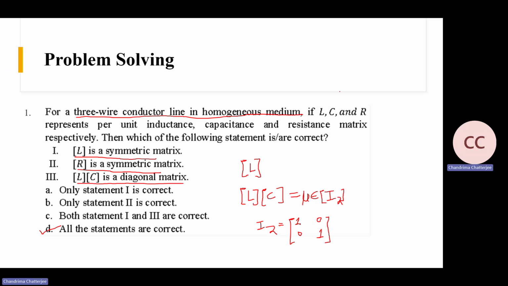You remember this is from the crosstalk model. The assumption is that the medium is homogeneous and the conductor line is lossless.